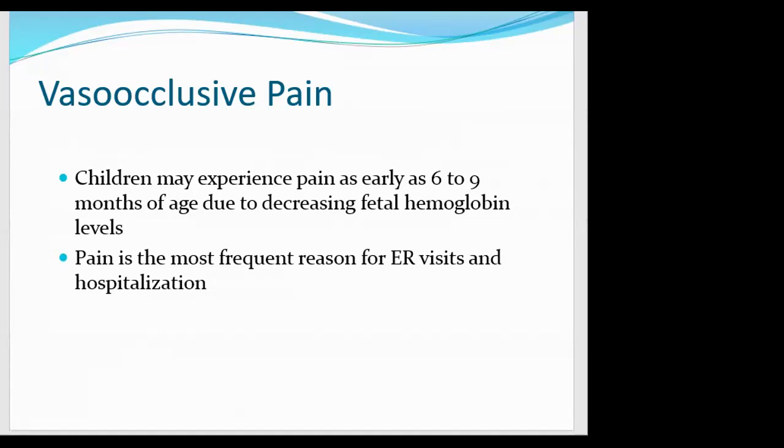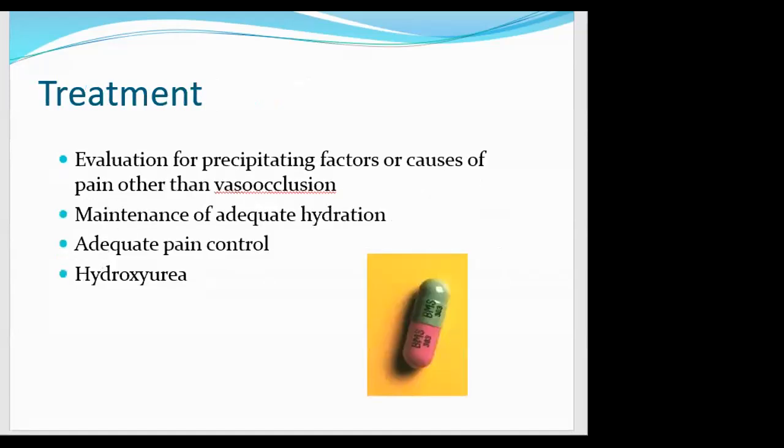If a patient is hurting, it could be sickle cell related. And like I said, pain is the most frequent reason for ER visits and hospitalizations. Pain is what you think of when you think of sickle cell disease. But just know that it's not going to be sickle cell pain until 6 to 9 months because before that, they're protected with F hemoglobin.